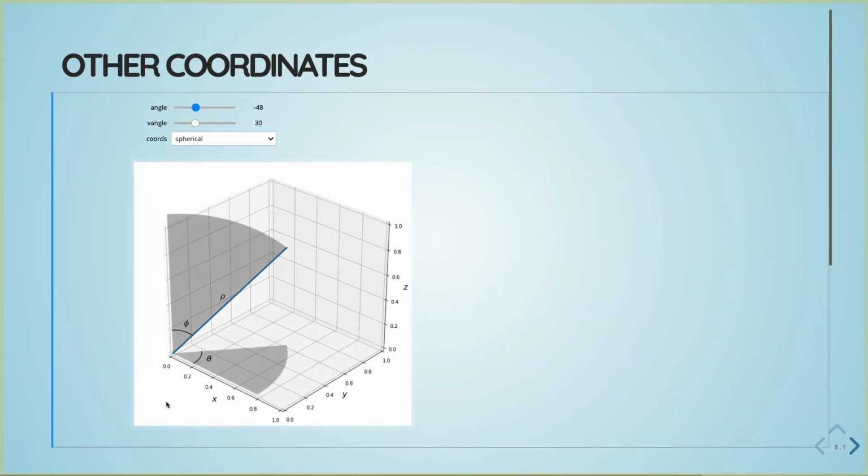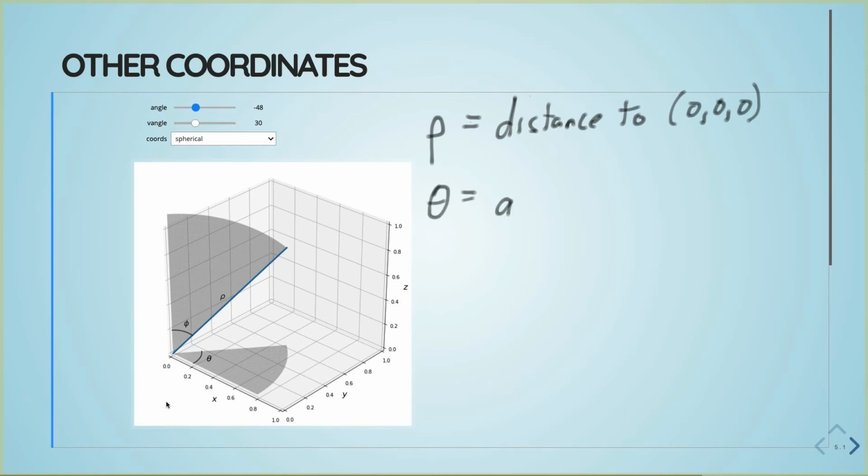So I'll just write out rho. That's distance to 0, 0, 0, right here. Theta, as before, is angle in the xy plane, right here.